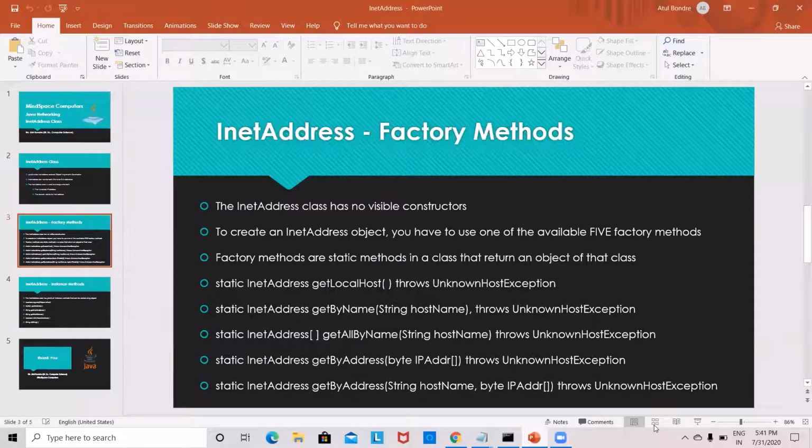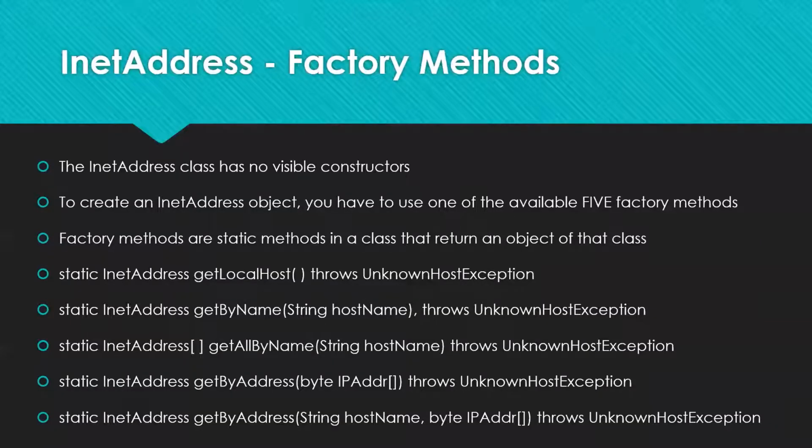Let's move to the syntax of these methods and some more detailed information for the same. Now, as we have already seen, the InetAddress class has no constructor. To create an object, we need to use the available 5 factory methods. Out of these 5, I have already practically shown you 4.